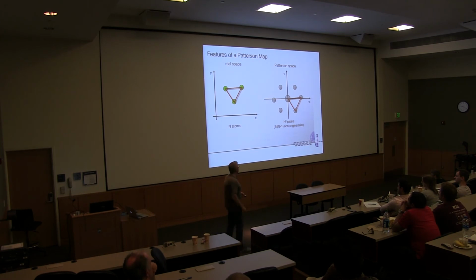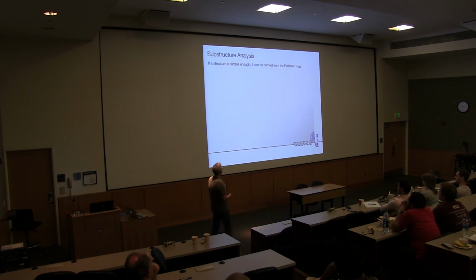And that leads to the key method for ab initio structure determination, which is substructure analysis. If you have a simple enough structure, you can understand what's happening. For proteins, that's not true.